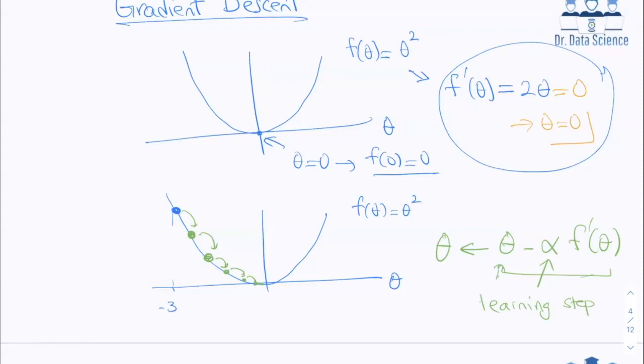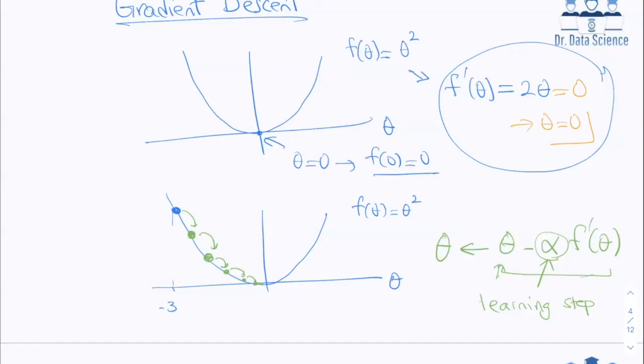This is important because you want to know how fast you want to go down the hill here, right? So that's why alpha is a very important hyperparameter that we have to find an appropriate value for. Otherwise, this technique may not work at all.